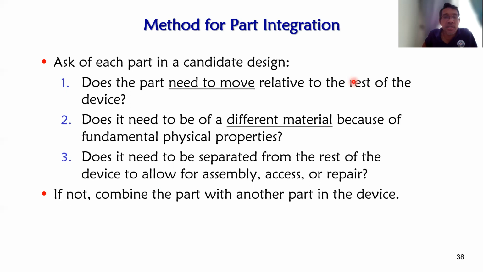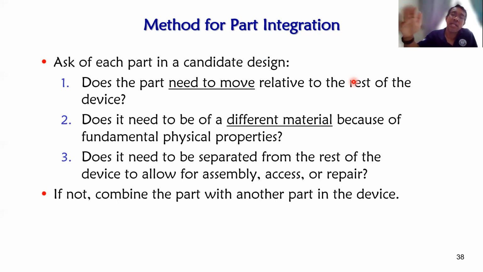So I think you also learned the SCAMPER checklist in manufacturing engineering, in idea generation, for example. In the SCAMPER checklist, you need to always ask for new ideas. That part can be substituted with another part, or this material or this process can be combined with another process, or can adapt, can modify, can put to another use, or can eliminate.